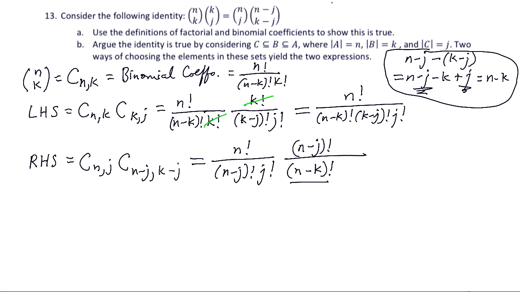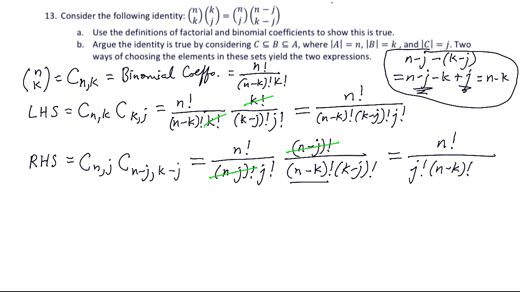And finally, k minus j factorial. And I think I have a cancellation that is just what I'm looking for. The n minus j factorials cancel, and I'm left with, I think, exactly what I want. n factorial in the numerator, j factorial in the denominator, n minus k factorial in the denominator, and k minus j factorial in the denominator.